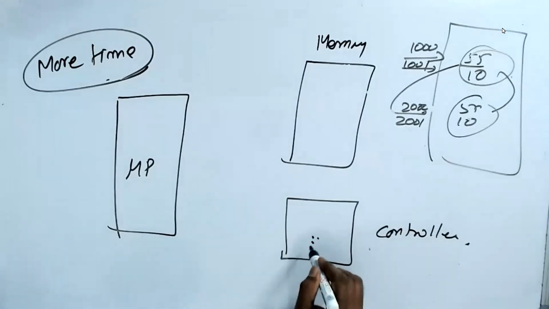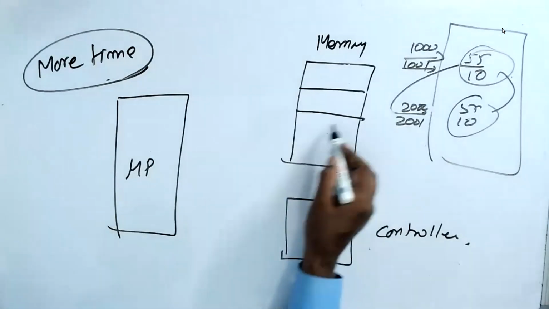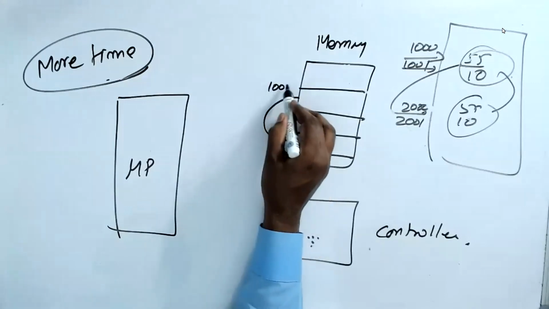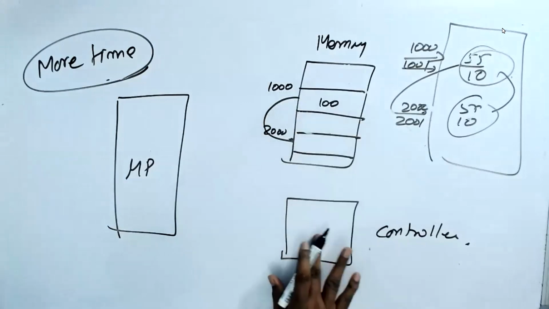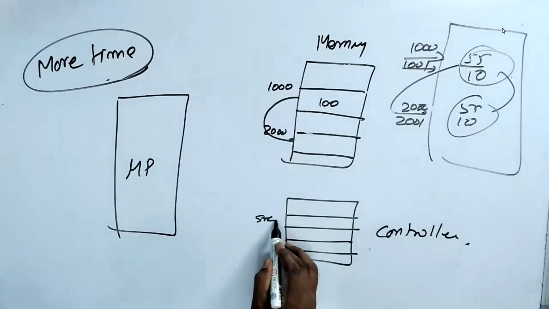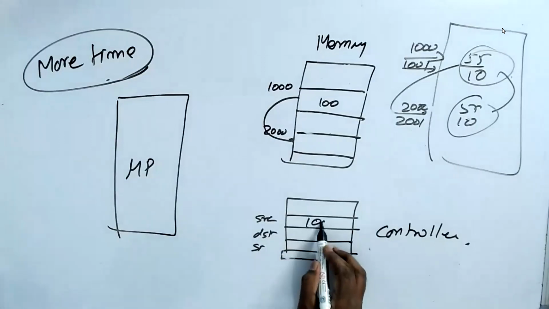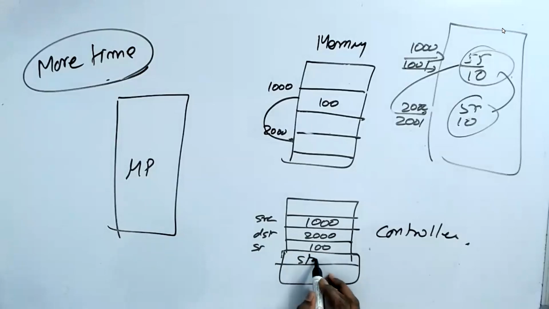This guy will copy from this block to this block, from 1000 to 2000, 100 bytes. You tell him, he has three registers: source, destination, and size. You write here 1000, 2000, and 100. Then you tell him start.